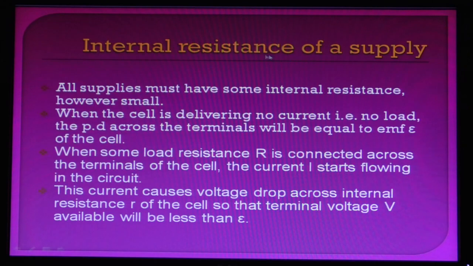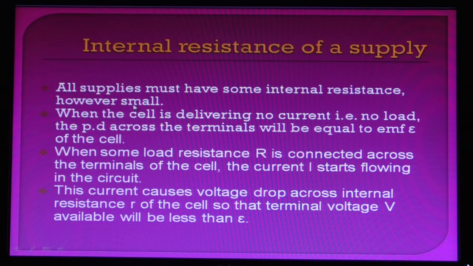Internal resistance of a supply. After discussing EMF, that is the source of battery, that is the source of energy for the charges so that they can move within the circuit. All supplies must have some internal resistance, however small.